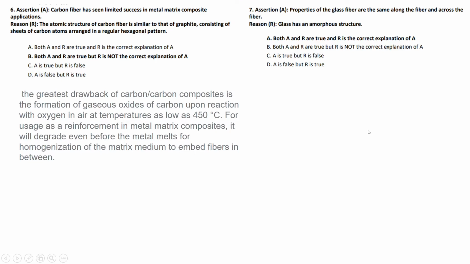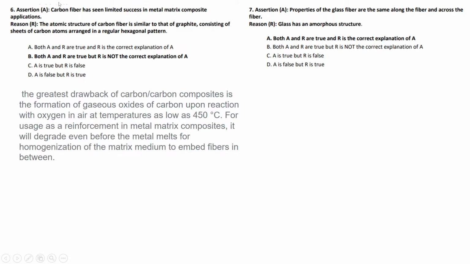So, for having metal in liquid form for proper homogenization, you'll at least have to heat that metal up till 700, 800 degrees Celsius. This is the minimum melting temperature of most of the metals which we come across. As carbon fibers already degrade at 450 degrees Celsius, it's quite difficult to let them not degrade at higher temperatures when the metal matrix is being poured on that carbon fiber's surface at a temperature equivalent to the melting temperature of these metal matrices.